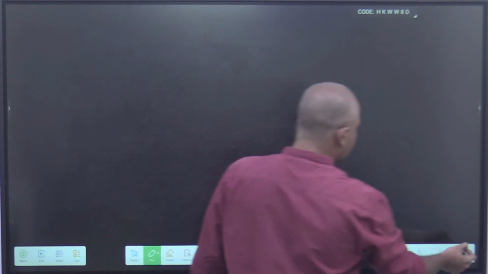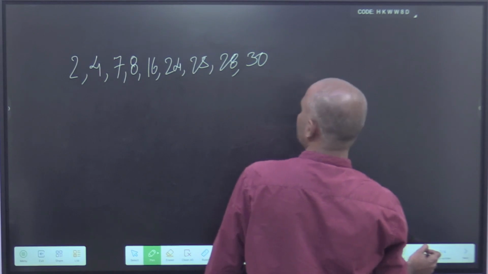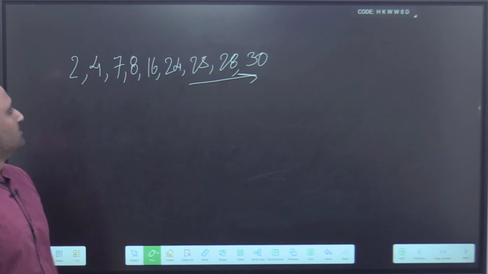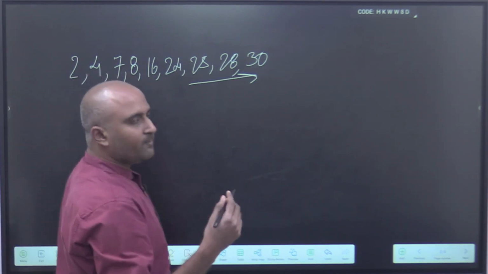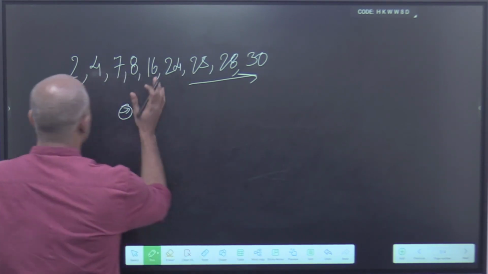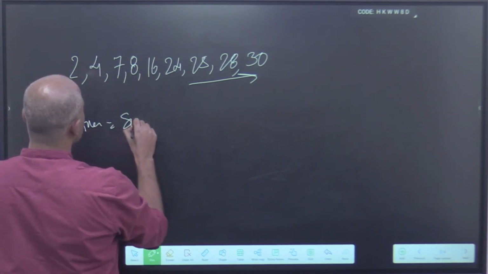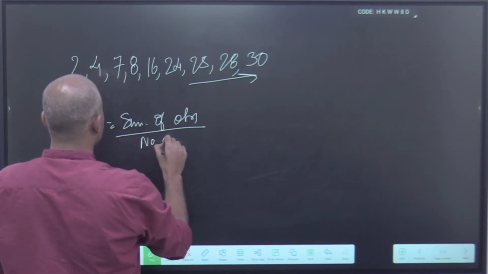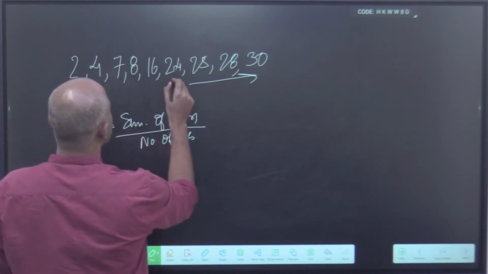Normally, let's take a set of numbers. These look as good as any other numbers for calculating the average. If you go by the basic method, like all people do, average is equal to sum of observations by number of observations. 1, 2, 3, 4, 5, 6, 7, 8, 9.